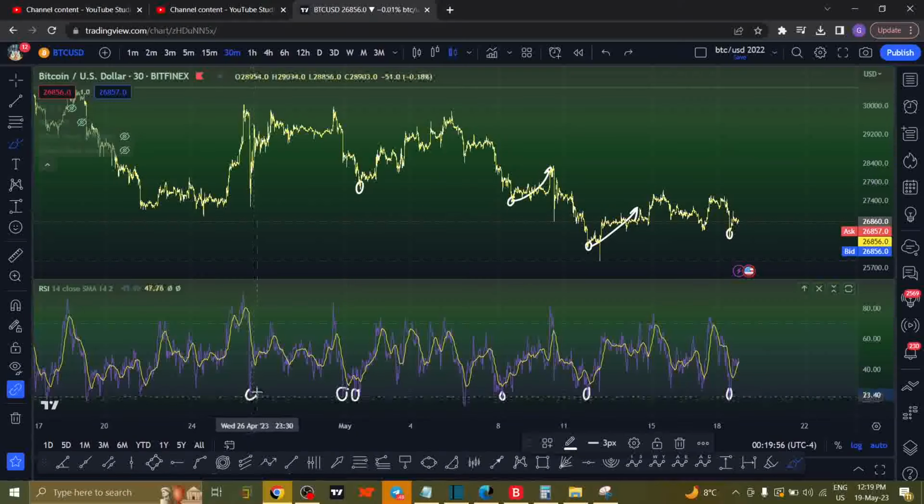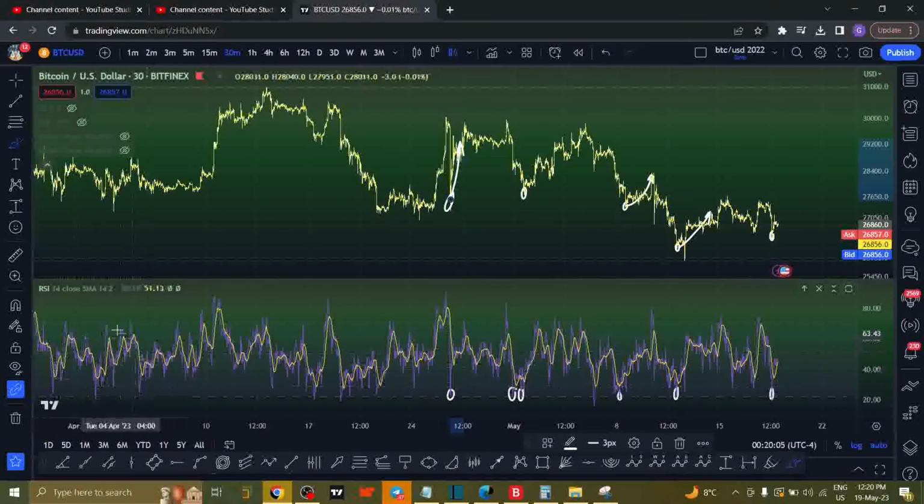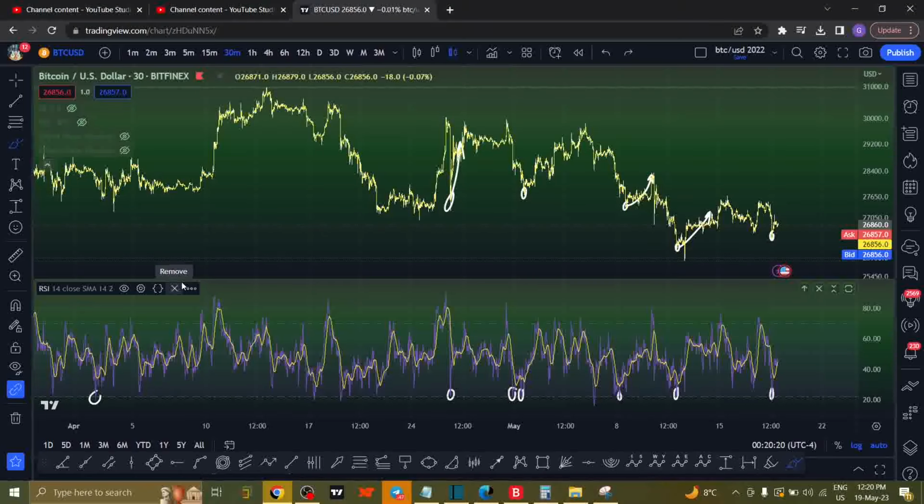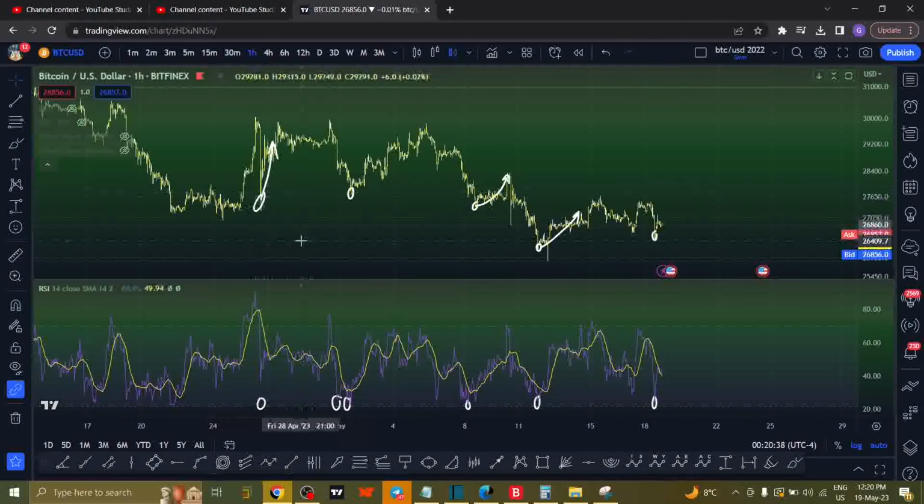Right here as well, 20 moving index, a nice parabolic move to the upside, and similar with previous fractals. 20% index, right over here, taking us for a nice rally to the upside. By identifying such RSI at 20%, you'll be able to find potential buying opportunities to enter the market.